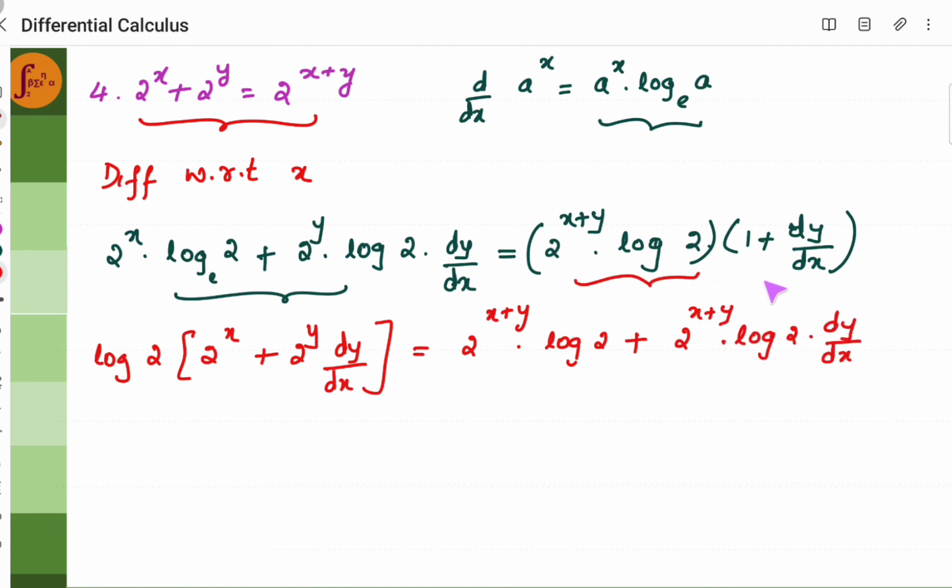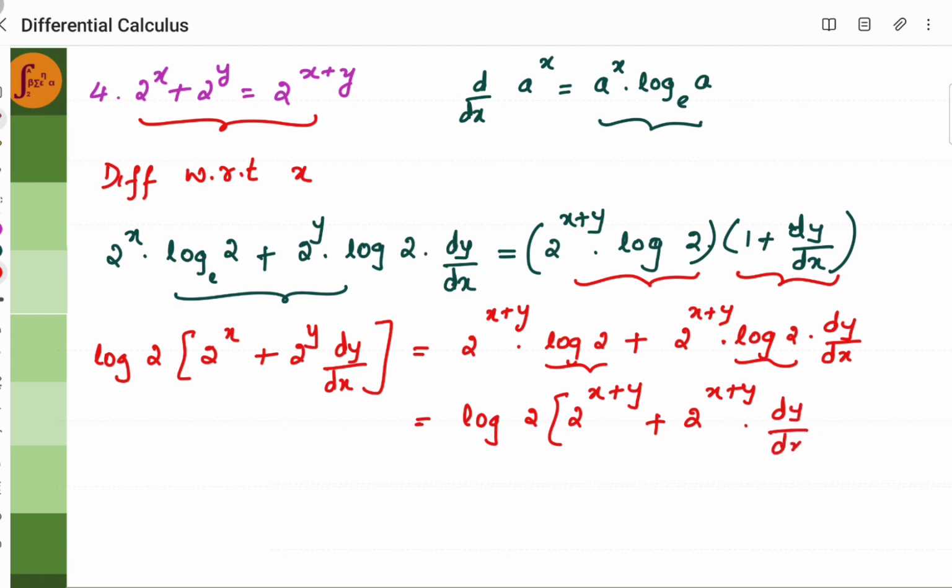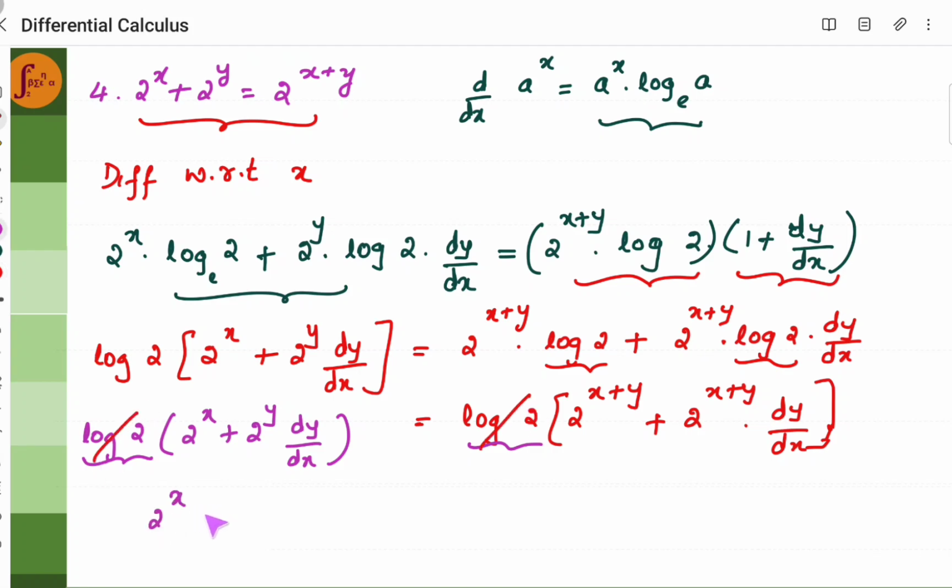I have multiplied this with this. So here I can take log 2 as common. So I'll get log 2 times 2 to the power x plus y plus 2 to the power x plus y into dy by dx. So here there is log 2 here and log 2 here. Both of these will get cancelled. So what am I left with? I'm left with 2 to the power x plus 2 to the power y dy by dx equal to 2 to the power x plus y plus 2 to the power x plus y into dy by dx.